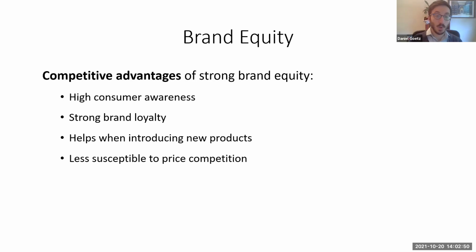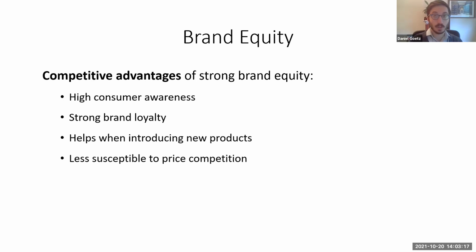High consumer awareness, right? Consumer awareness means that the product is basically in their consideration set. When they're thinking about buying a product, they're aware of yours, they're thinking about it. So this can be thought of as consumer attraction. Strong brand equity induces greater attraction through consumer awareness.